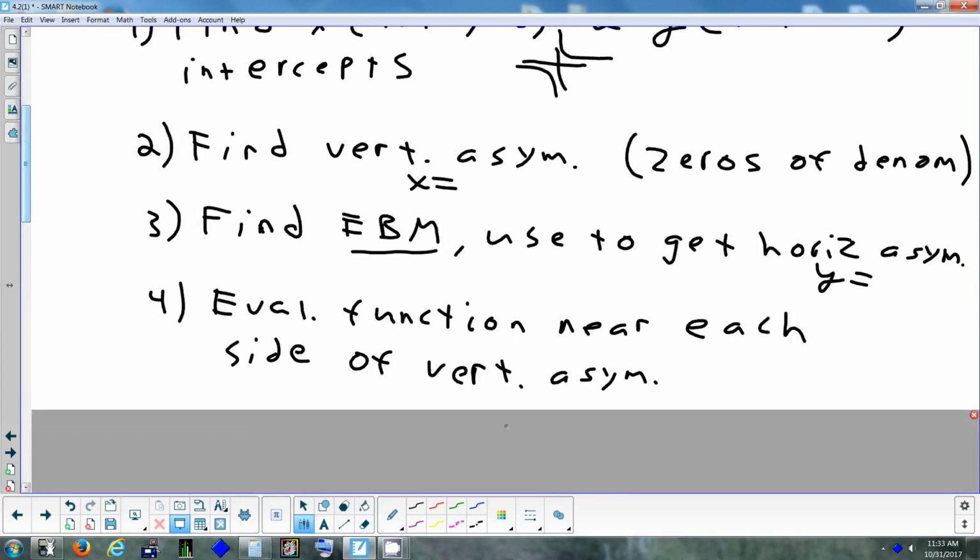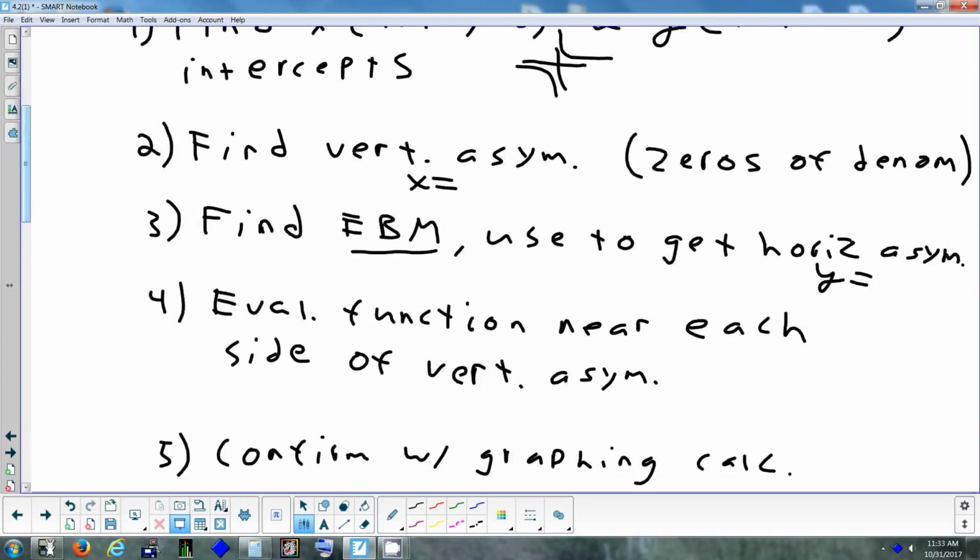And then we also want to check something very close to 2, but on the other side. So 1.99 is a little smaller, 2.01 is just a little bigger. And we have to do that for every vertical asymptote. So we will check what happens as you get very, very close to it. And then the last thing, you can always double check on the calculator and make sure things look right.